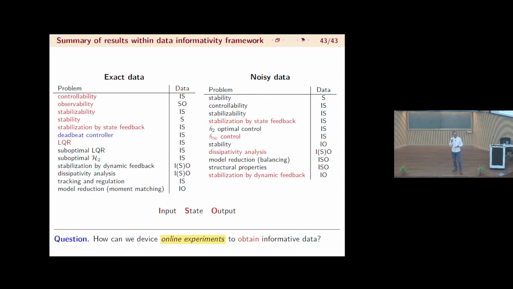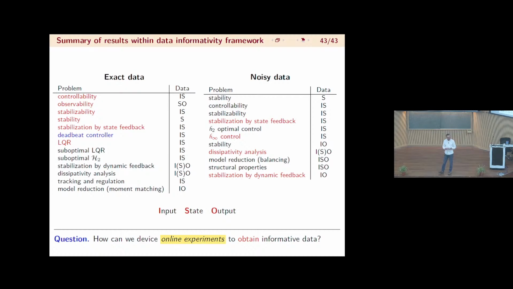Now, it is very easy to cook up examples for which you can have an input which is not persistently exciting, but still leads to identification. So if we are going to embark on a general research agenda of developing online experiments per problem, maybe first we should understand how we can design an online experiment for system identification.